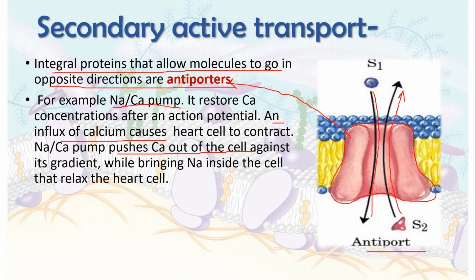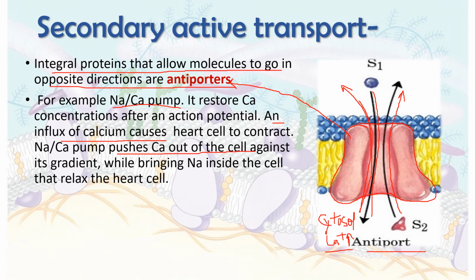As we know, due to the influx, in the cytosol region the calcium ion concentration is high. So this pump tries to move the calcium ion against its electrochemical gradient to outside the cell.